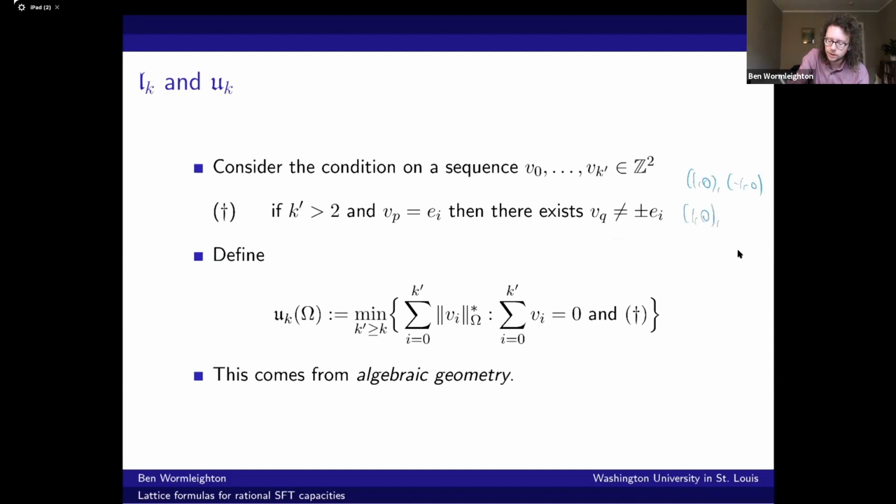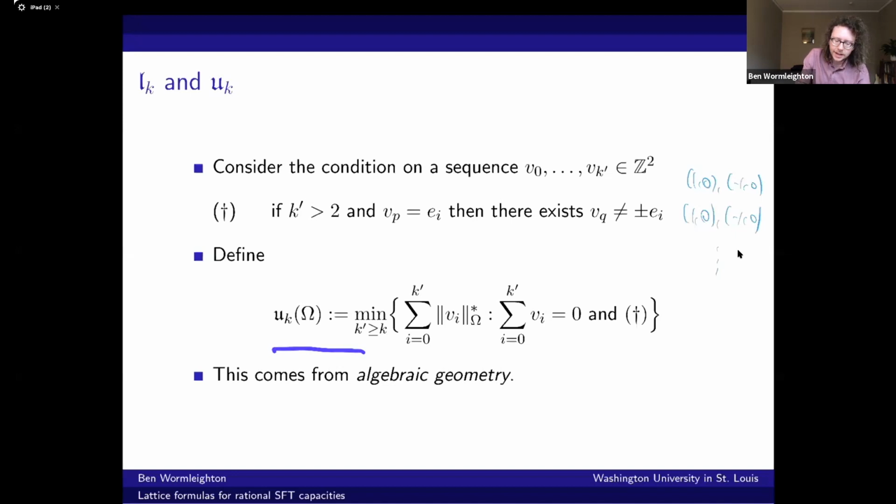A better way of saying this maybe is we are excluding lists that look like this. So we're excluding lists that are just e_1, negative e_1, e_1, negative e_1, and so on. If you have a list that looks like this, at some point I have to have some other vector v which is neither e_1 nor negative e_1.